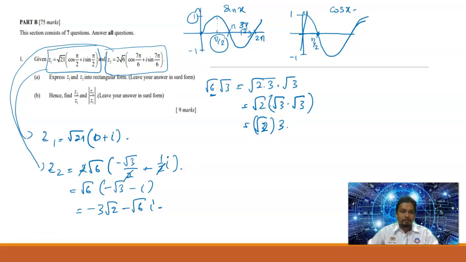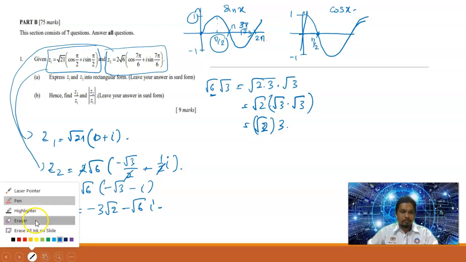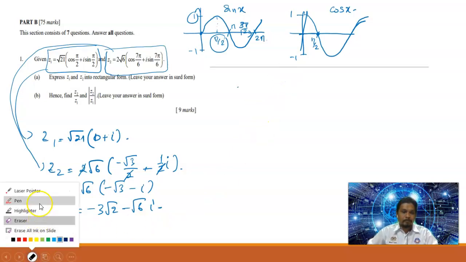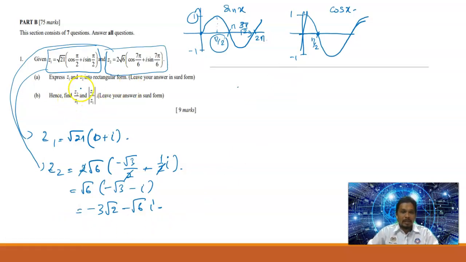Find z2 divided by z1, and leave your answer in surd form.